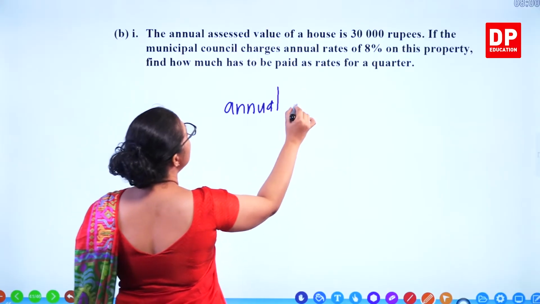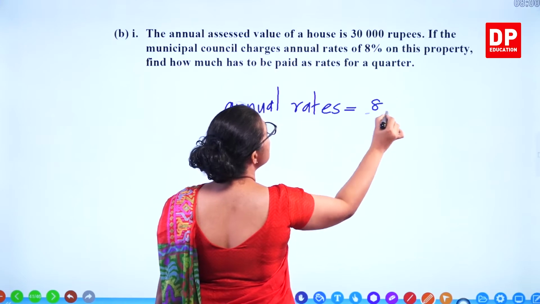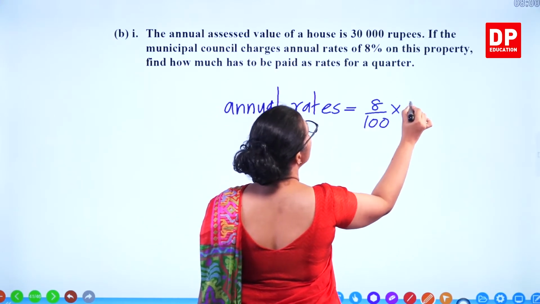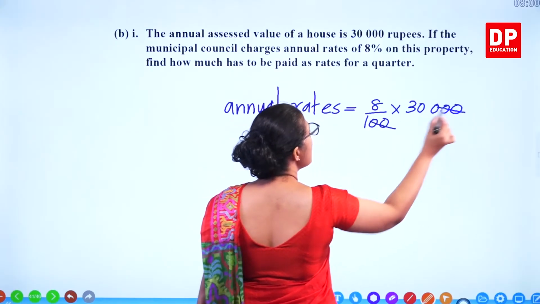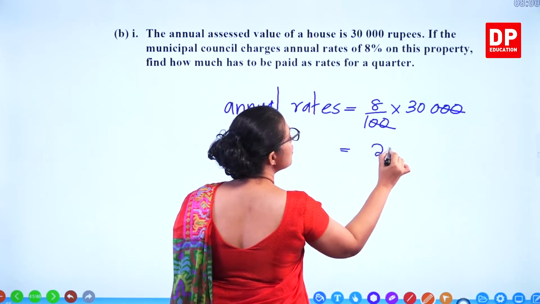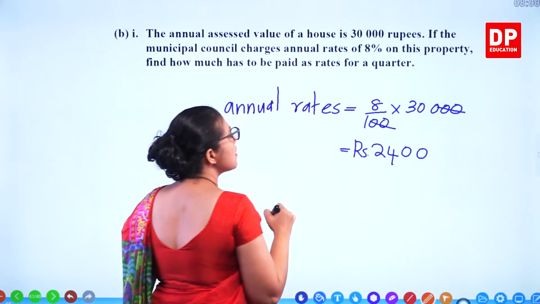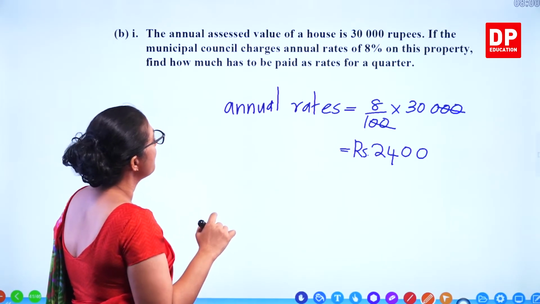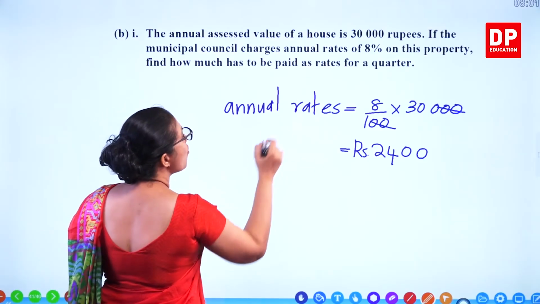Annual rates, 8% of 30,000 rupees. 2 zeros get cancelled out. 8 times 3, 24 and 2 zeros. So 2,400.